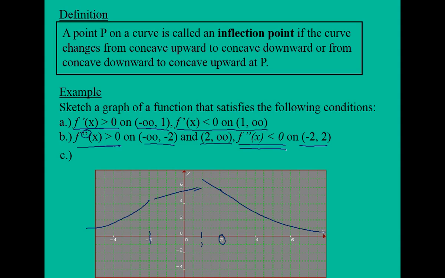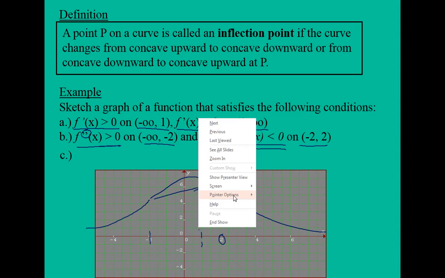Now we're increasing all the way up to 1, and then we would be decreasing from 1 on. So I'm going to be increasing concave downward. Now I missed a little bit there because it does say we are increasing all the way up to positive 1, and I see that I'm decreasing a little bit there.